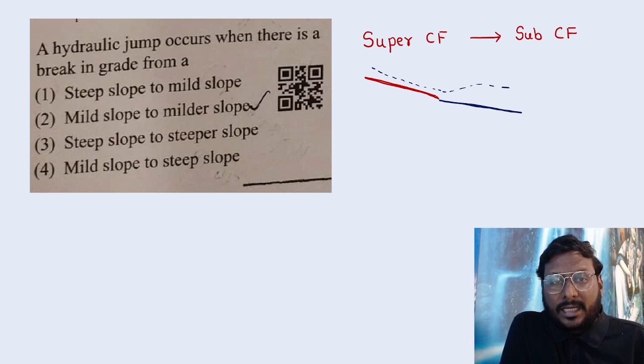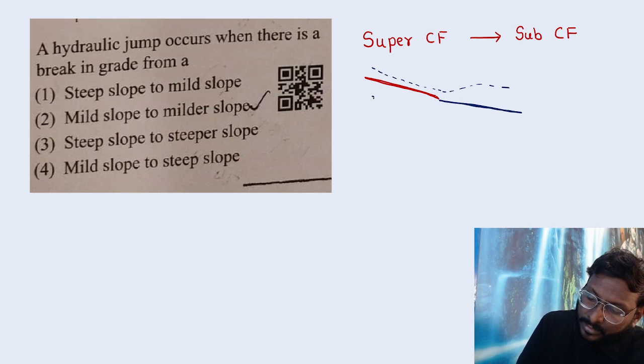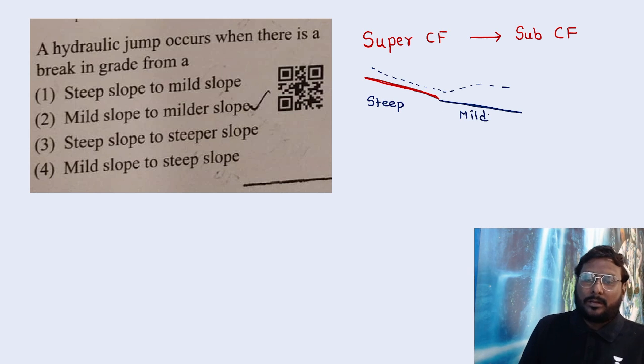Because it is not at all given any horizontal. If it is given horizontal, we think about it. But it is given mild, milder, steep, steeper. Mild to steep never happens, so we go with steep to mild. Technically, how is this possible? This is your question.